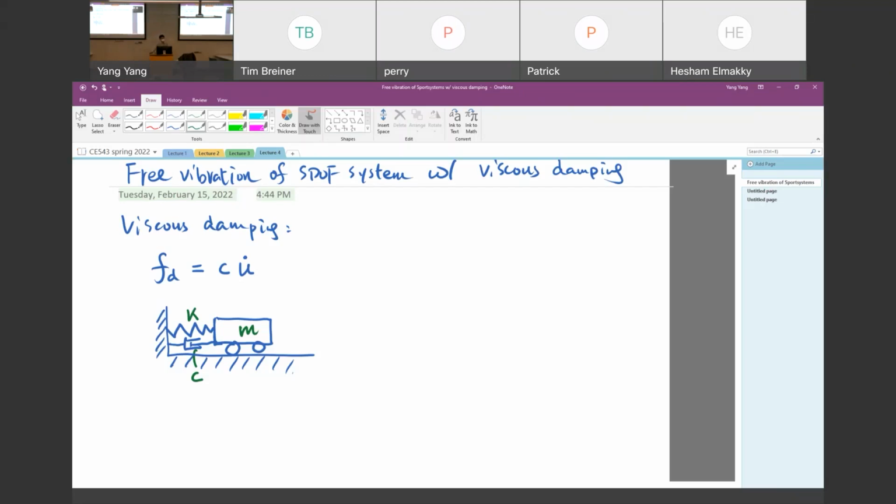Or the damping may be induced due to the plastic deformation of the structure, such as if you have a steel frame, at some locations the steel may yield or may fracture under dynamic loading or under vibration. Those types of plastic deformation will contribute to the damping there.